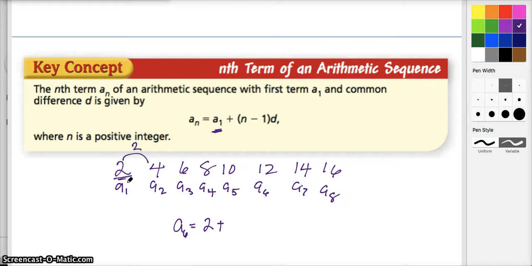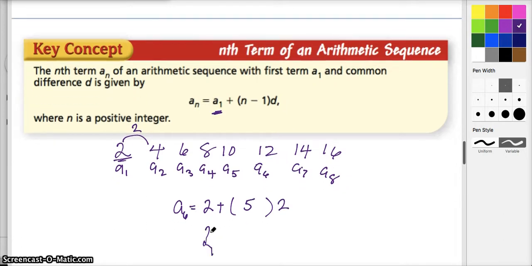That's 2 as well. So 2 plus, I'm looking for A sub 6, so I'm going to do 6 minus 1, which is 5, times the common difference, which is 2. Let's try it again. 2 plus 5 times 2, which is 10, is equal to 12.